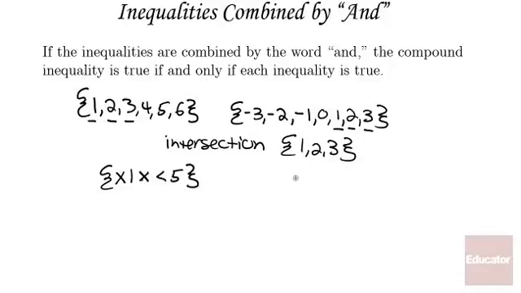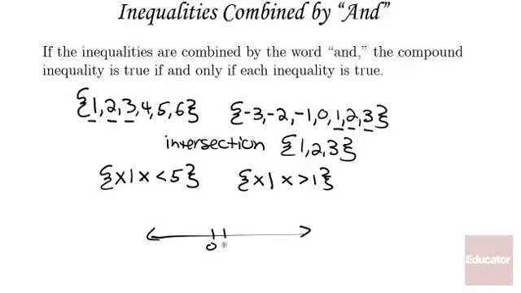I may come up with for my second inequality, as part of this compound inequality, a solution set that says that x is greater than 1. So here, looking for the overlap between these two regions, I could look on the number line, 0, 1, 2, 3, 4, 5.